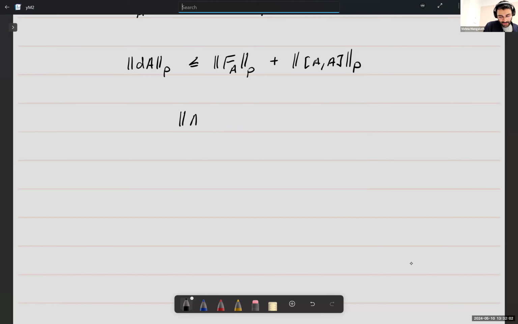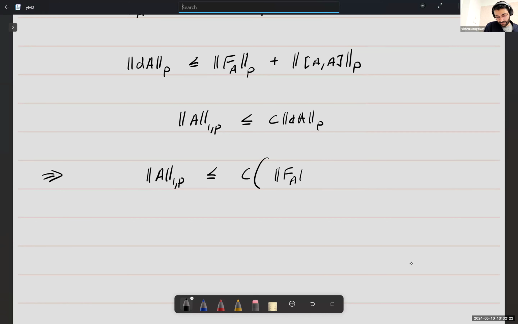So you get A1P is then equal to C dA P. Right, so then we get A1P is equal to C times the norm of FA P plus this nonlinear term, which is kind of the problem term here. So we should try and control this term.